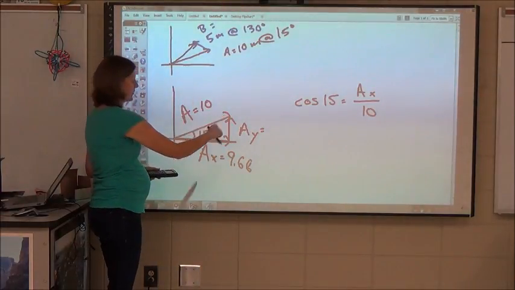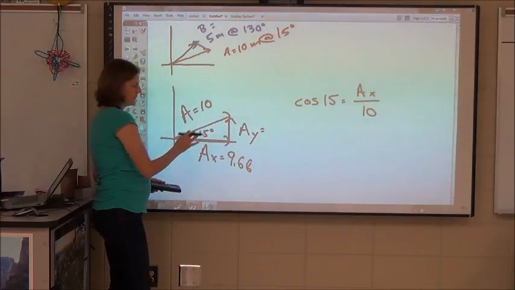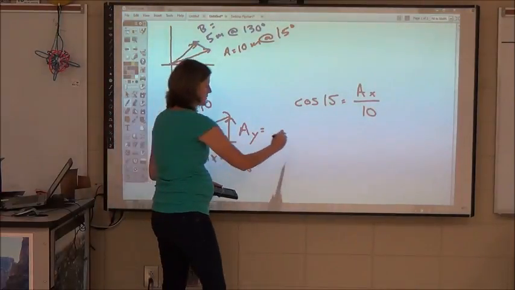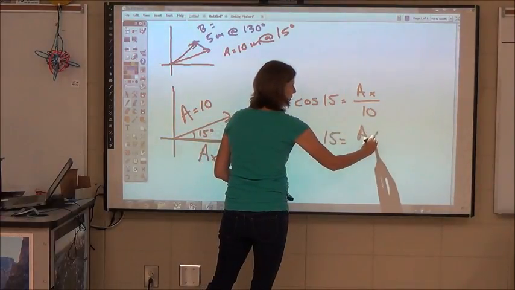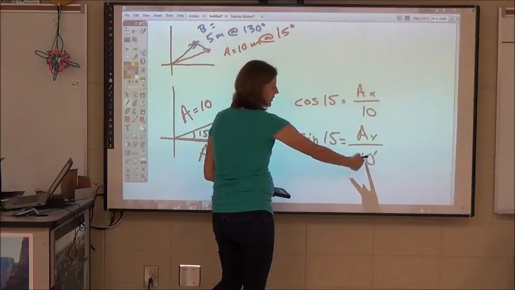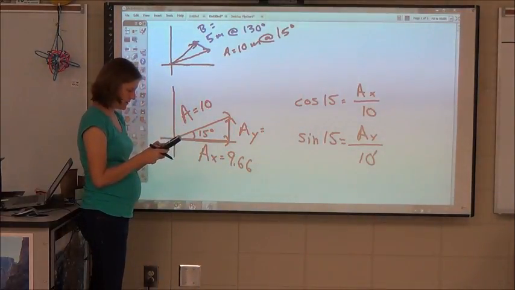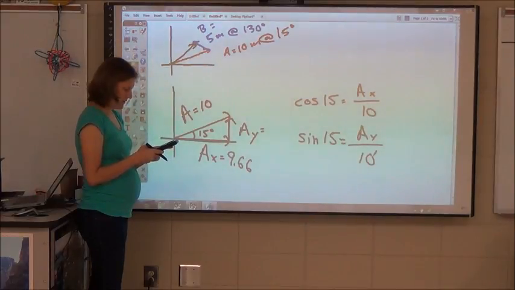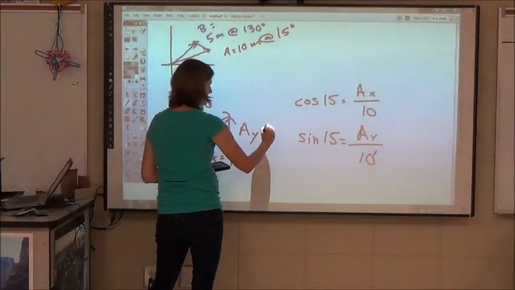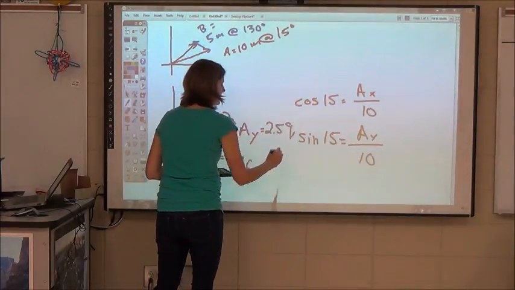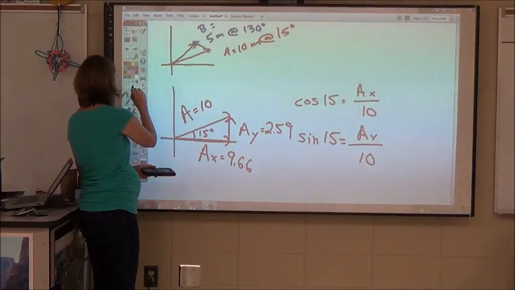AY, on the other hand, based off of this triangle that I've drawn, is the opposite side. So that would, of course, be sine of 15 equals AY over 10. You know, multiply 10 to the other side to get AY by itself. And I get 2.59. Okay, I'm going to clear that math, though. I'm going to erase.